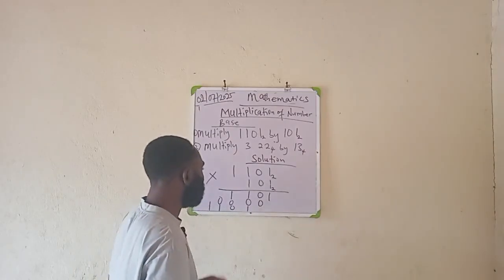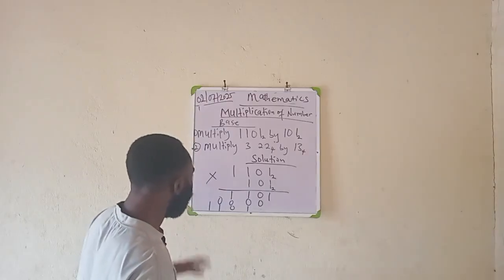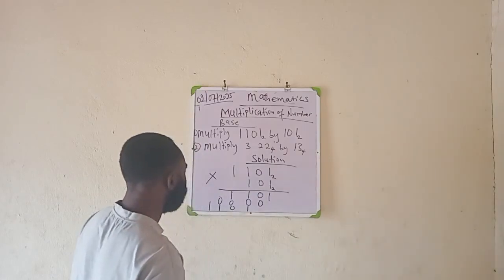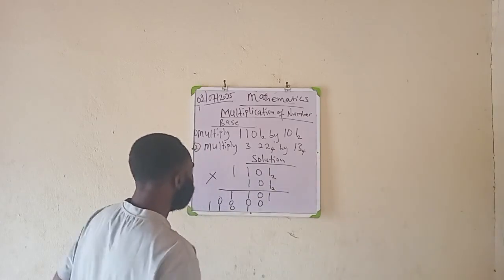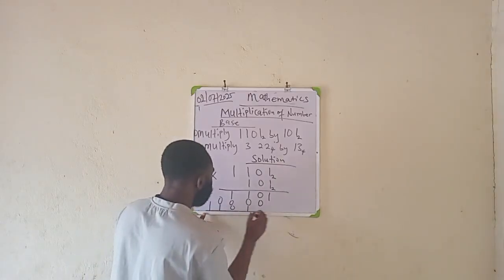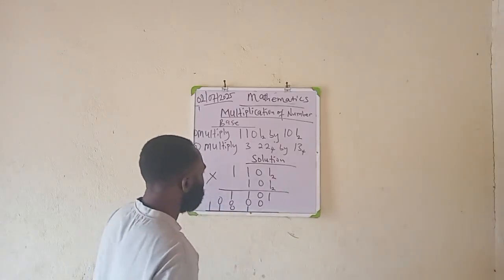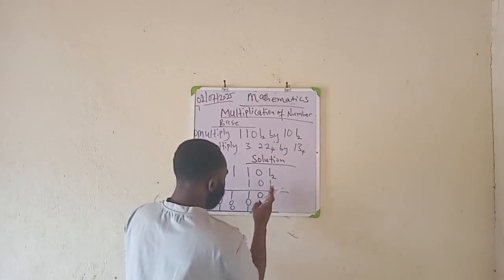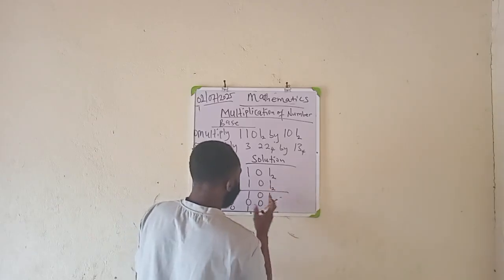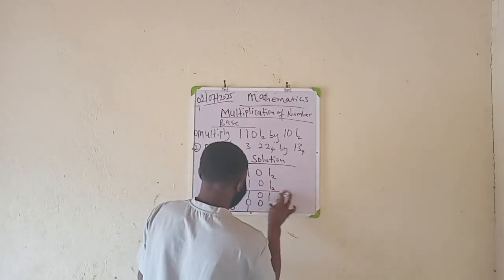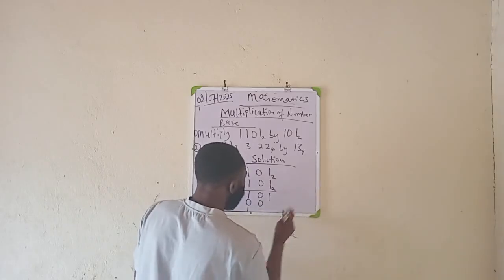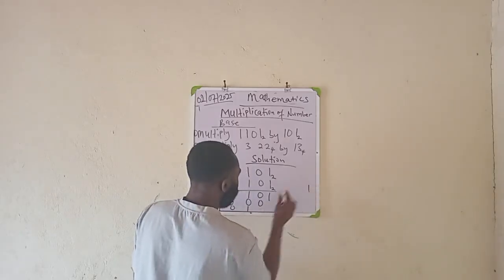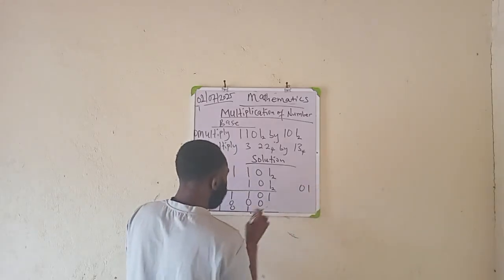So in this way now, we have to add up everything. We sum everything. In summing this, for this line we have just 1 here, 0 here.